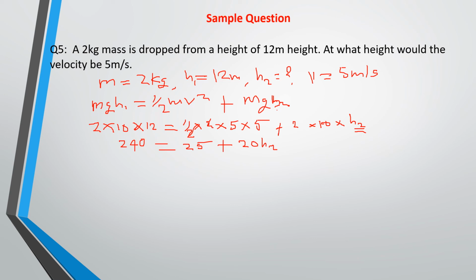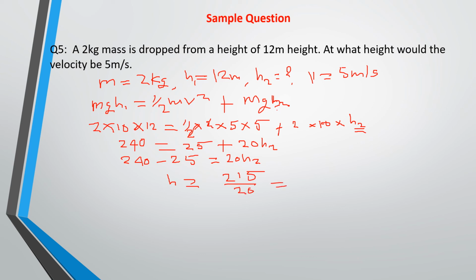Alright, so take like terms. We have 240 minus 25 is equals to 20 h2. By the time you do this subtraction and then make h the subject of the formula, you're going to have that your h will be equals to 215 all over 20.